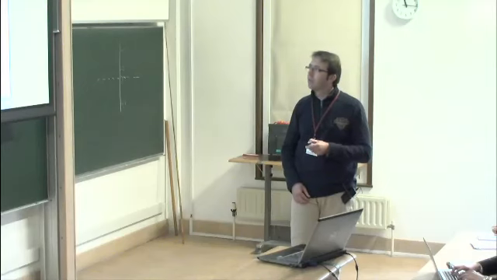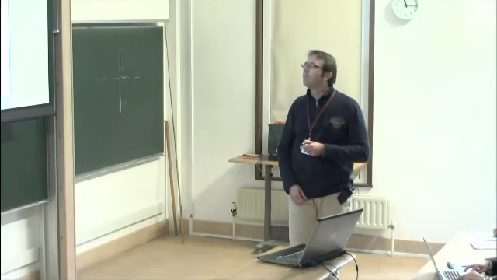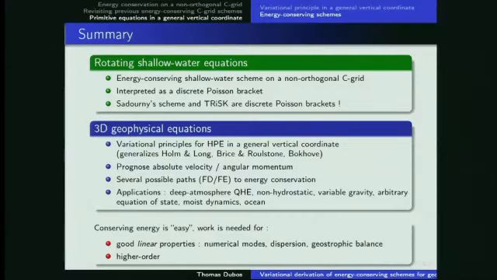There are many more papers in that line of thought. I think it's important to mention that this suggests to prognose the absolute velocity, or angular momentum in the spherical case. And I have mentioned several possible paths to energy conservation. Currently we are applying this to the deep atmosphere quasi-hydrostatic equations with variable gravity. There is a poster by Marine Thor on that.